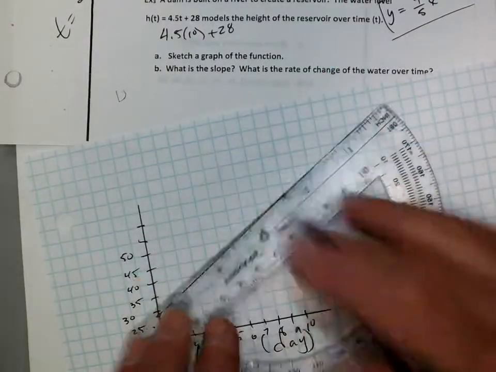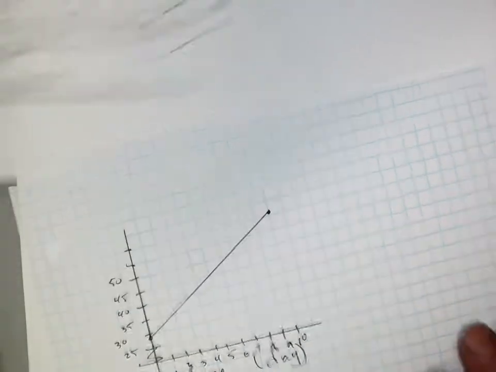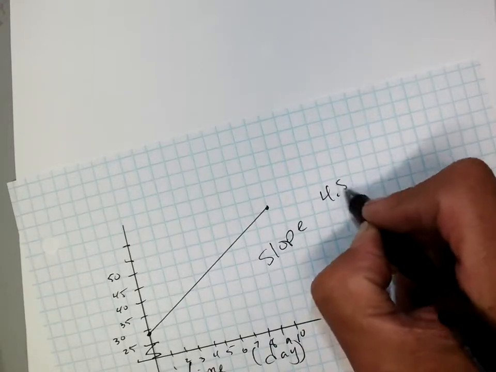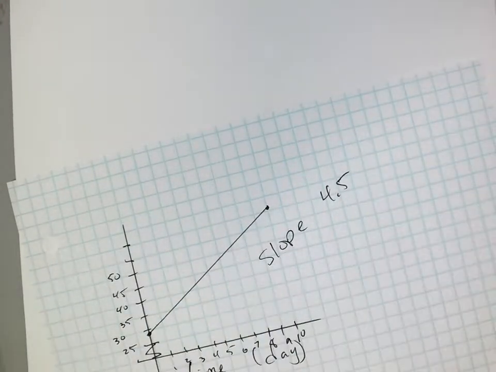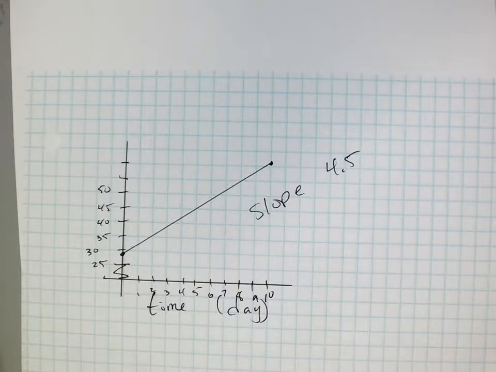Okay, there we go. What's the slope? Okay, what's the slope, you guys? And what does that represent? Days, and the water level.